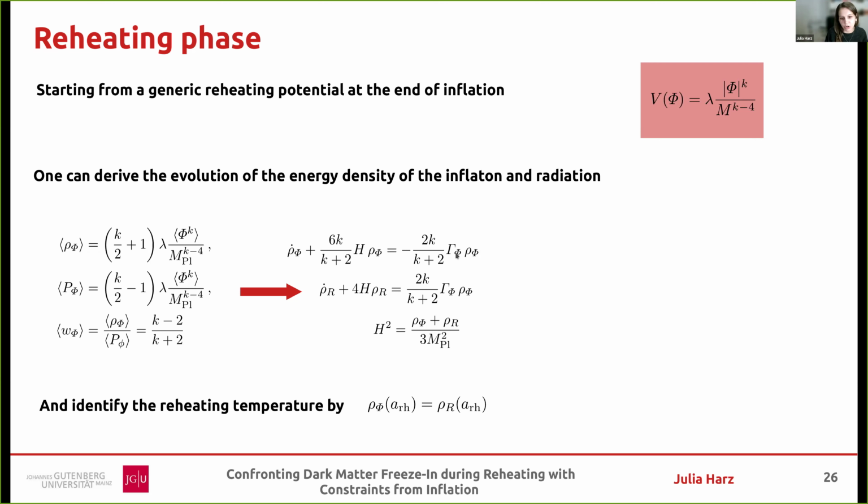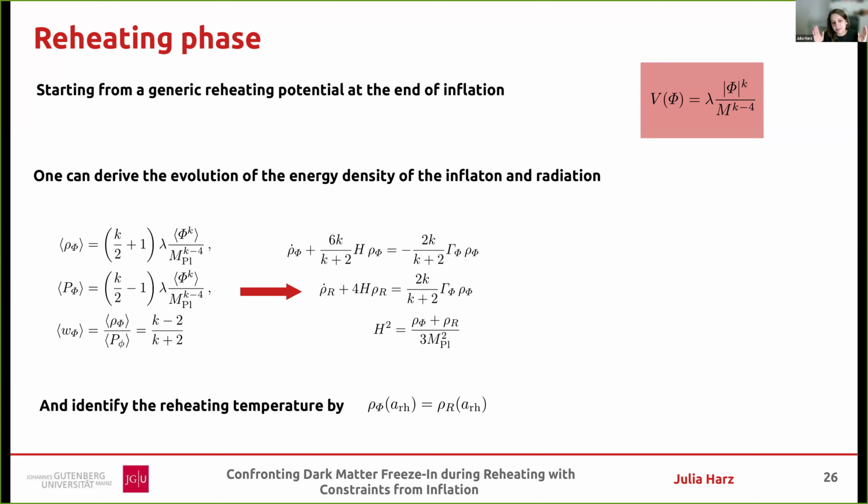And of course, the more it decays, the more energy density of radiation we get and the less we get from the inflaton. Both are connected via the Hubble parameter, which is given by the energy density of the inflaton and the radiation. And again, the reheating temperature is defined when both energy densities are equal.